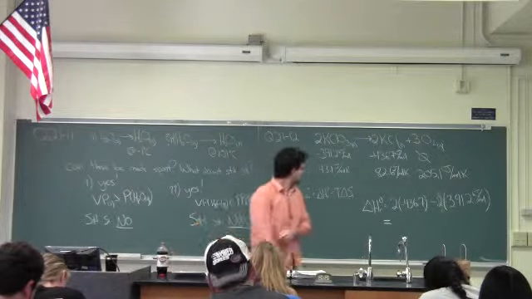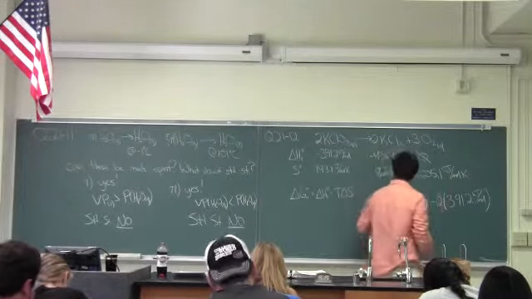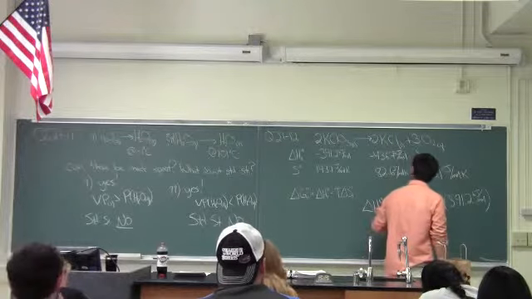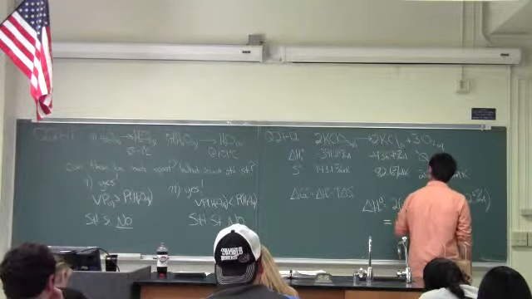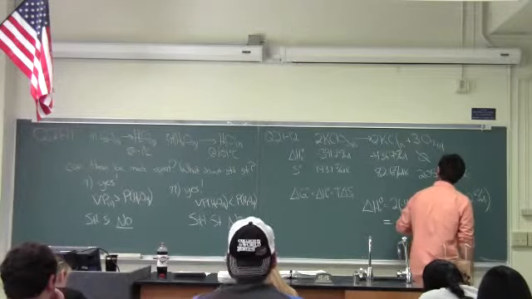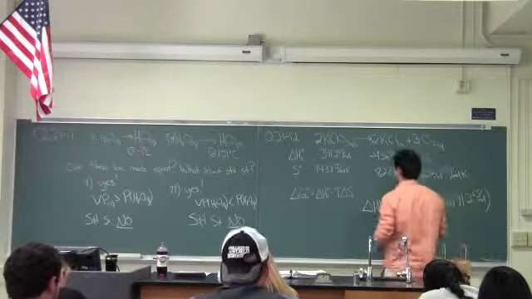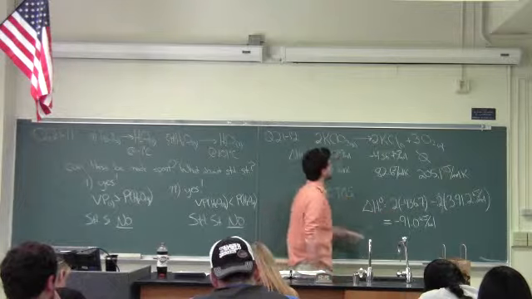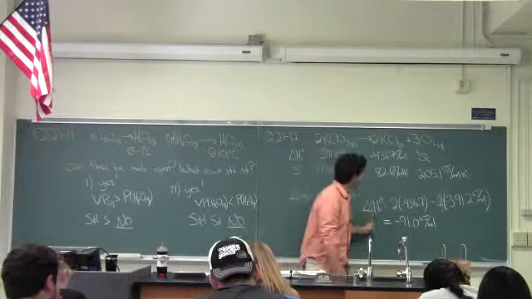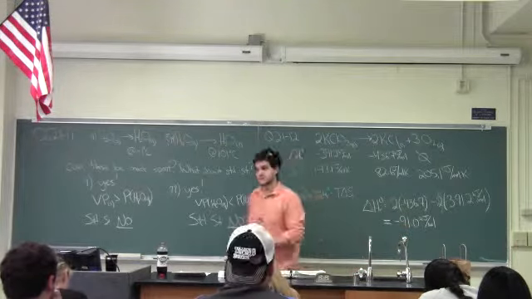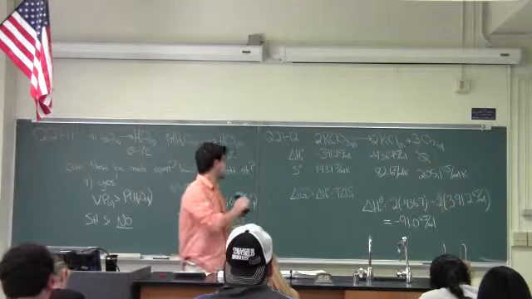Negative 91, is that a hard number or is that a 0.0? Negative 91, sure, we'll say 0.0. I'm sort of lazy about writing my units in here, but make sure you know this is standard enthalpy, so kilojoules per mole is the unit. Okay.